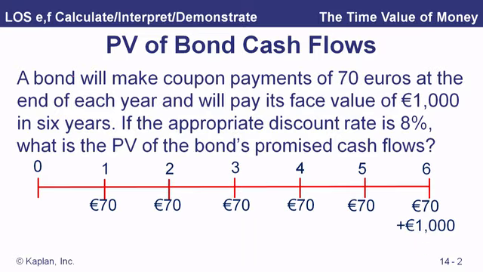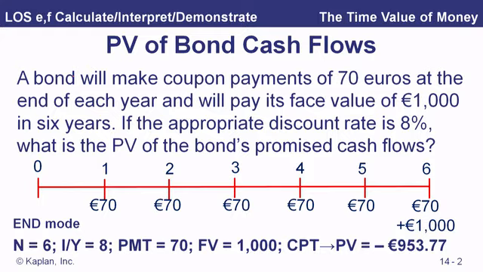Well, let's take a look at our cash flows here. We've got 6 payments of 70 euros each, so there's our ordinary annuity. The difference is now that the bond's going to pay back its principal amount, its face value of 1,000 euros, at maturity at the end of 6 years. So to set this up on the calculator, the only change now is we put in the future value of 1,000.